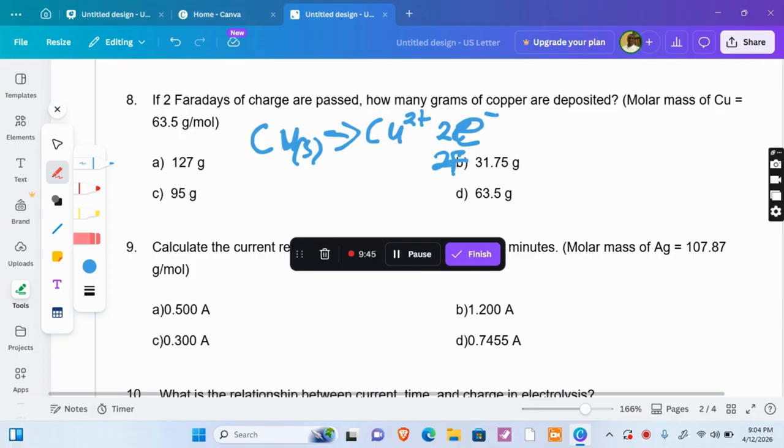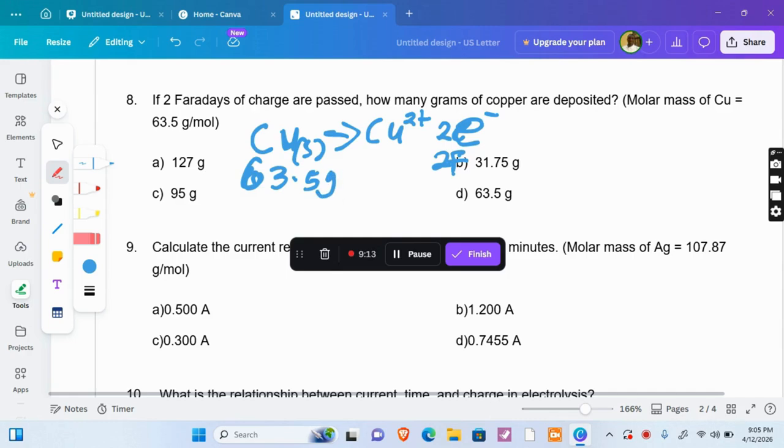And what is the mass of 1 mole of copper? This is the one that is given in the question. Molar mass, 63.5 grams of copper. Let me write that 0.5 there. 63.5 grams of copper will produce 2 farads. This is without answering the question.